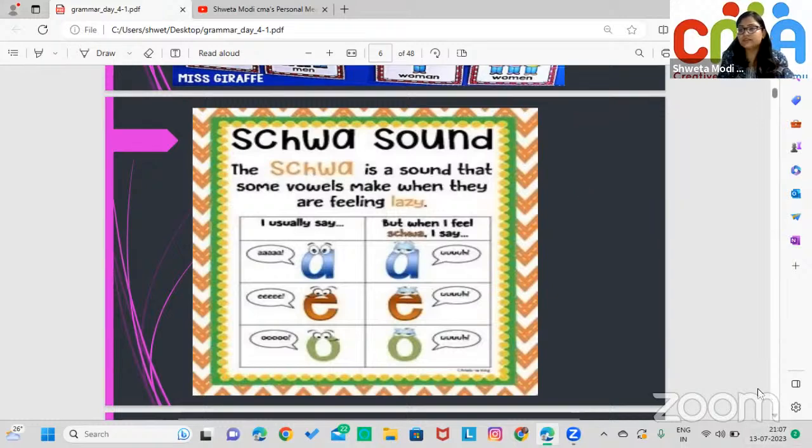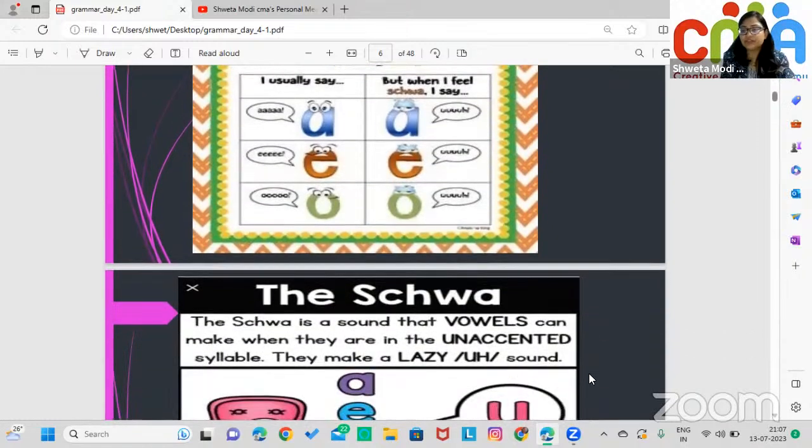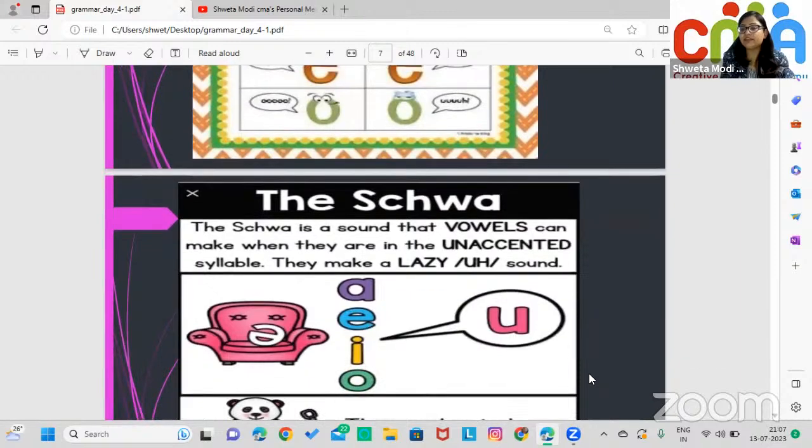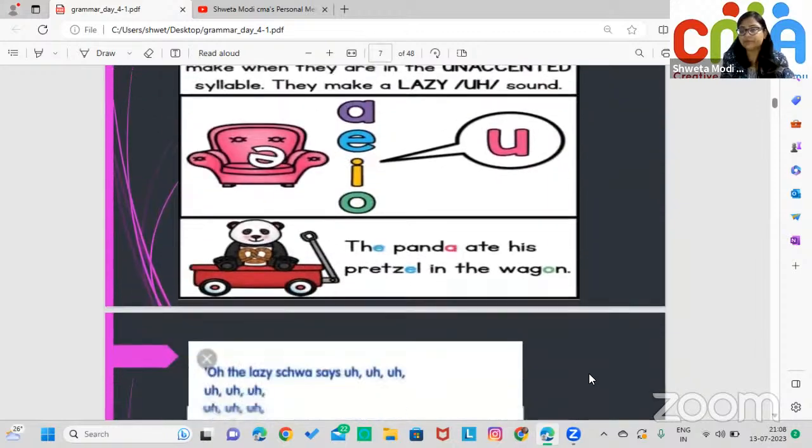All the vowels lose their original sound and go unstressed and lazy. That's the schwa sound any vowel can make, and it occurs in the unaccented syllable. They make a lazy sound.